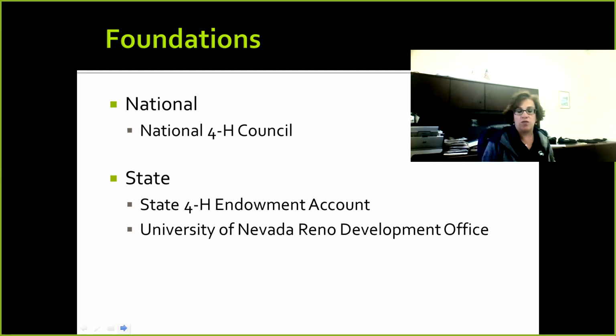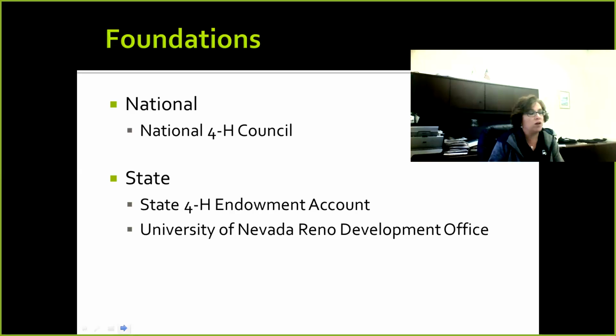I know we've used it to help support our young people going to national contests, livestock, horse, those types of things. Or we can use it to support our youth going to national conferences, so National 4-H Conference, Congress, some of those. Or if we wanted to do a statewide event, we could use those dollars for that.